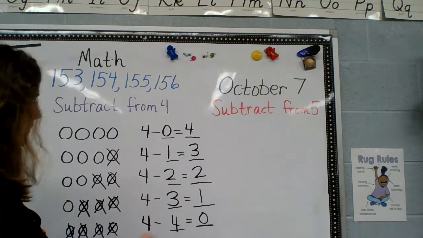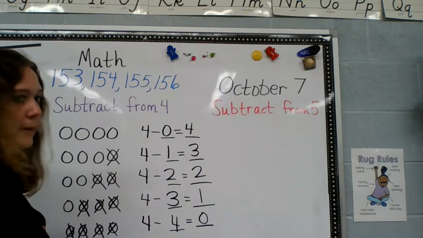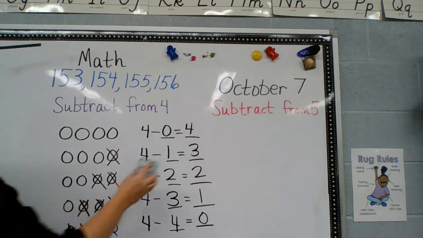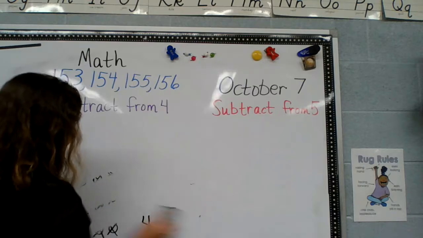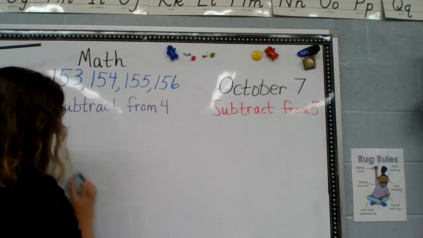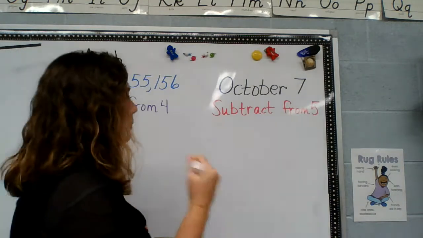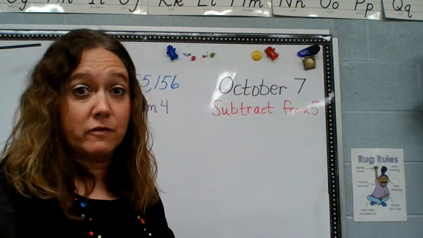The difference was getting smaller. Okay, I'm going to erase this and we're going to work on ways to subtract from 5. And then we're going to do it the exact same way. Okay, but not the exact same because we're going to have 5 instead of 4.